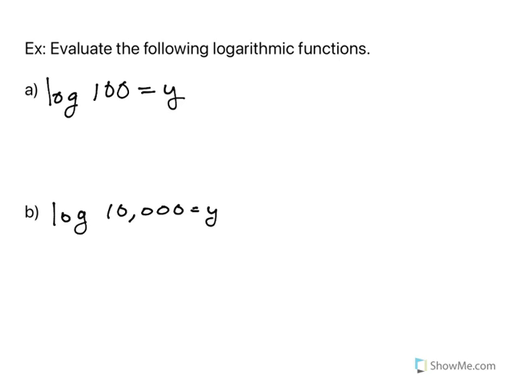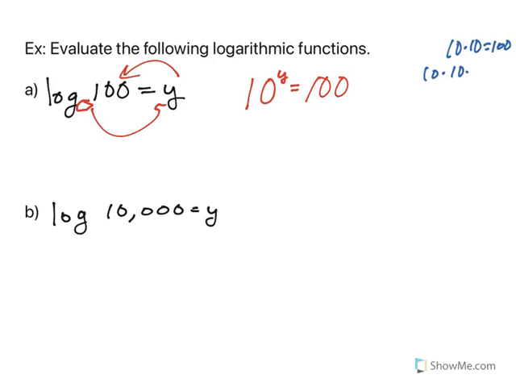In letter A, we're going to evaluate these. I have log of 100 equals y. Think about this in an exponential way. If there's no base, it's a 10. So this means I have 10 to the y power equals 100 by definition of logarithms. 10 to what power is 100? Well, 10 times 10 is 100, 10 times 10 times 10 is 1,000, and so on.